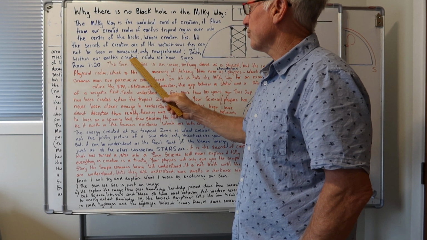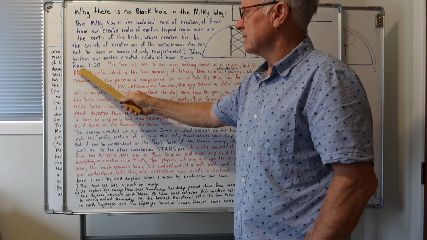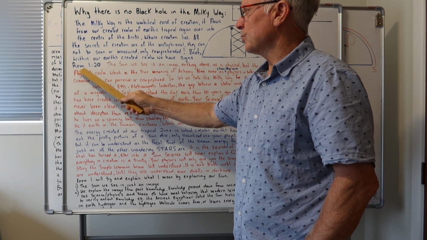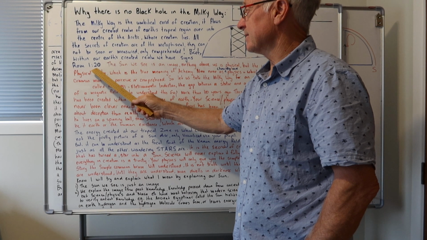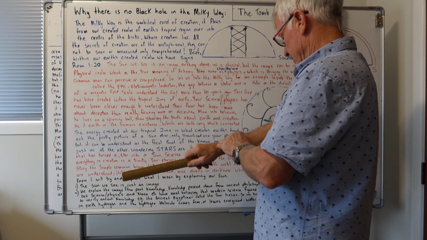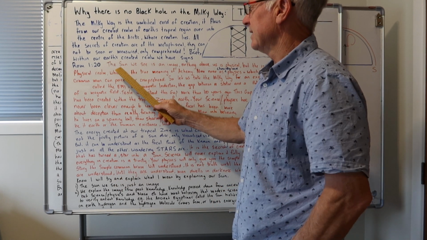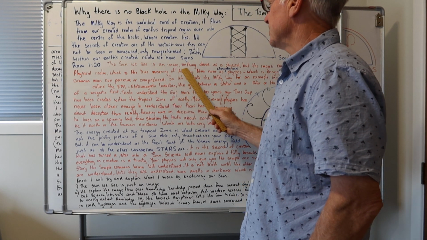But within our Earth's created realm, we have signs. Go check out Romans 1:20. It explains it. The non-seen creation and the signs that we are looking at. The sun we see is an image.